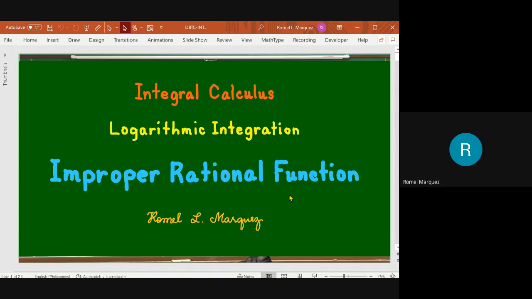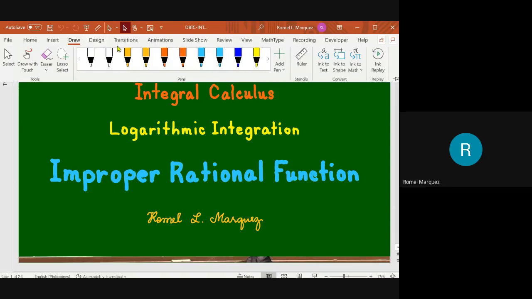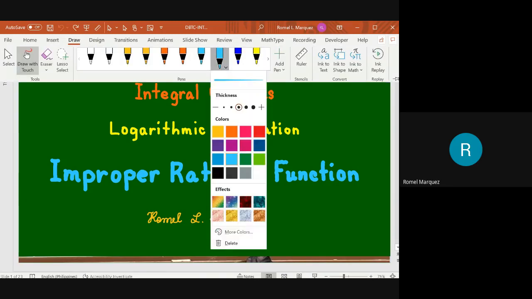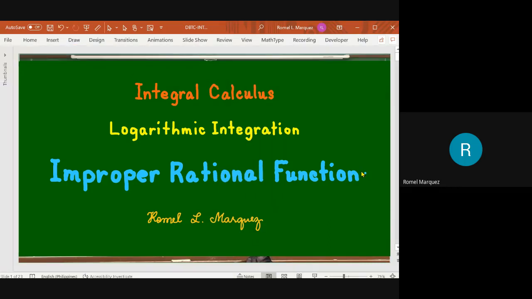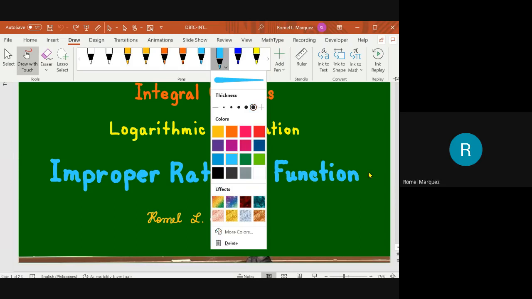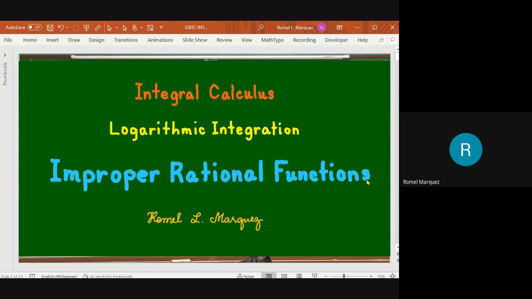If your integrand is an improper rational function, then you can apply logarithmic integration, but not all the time. There will also be times where you cannot apply this, as long as after long division you come up with integrals that can be evaluated by the previous methods. Okay, guys?